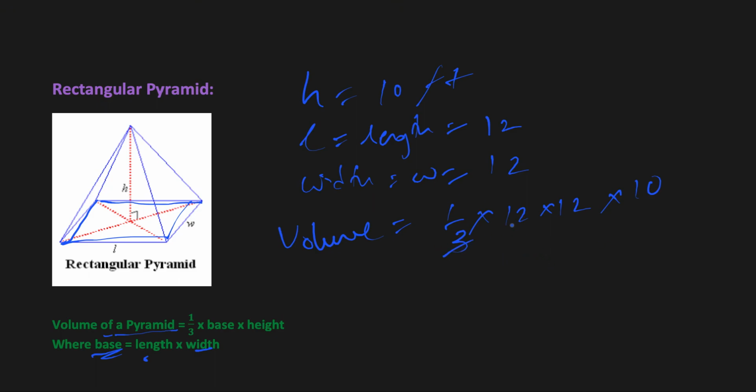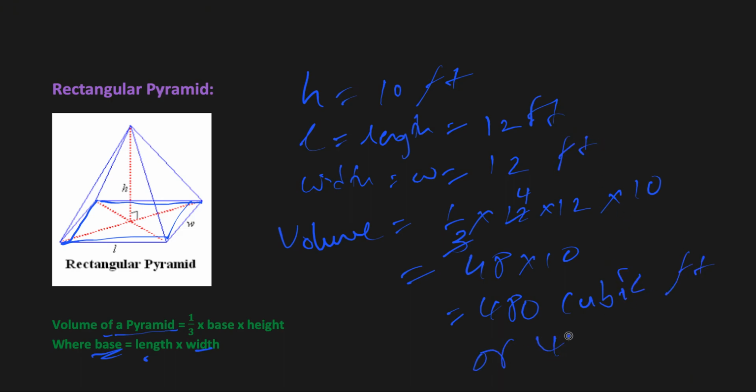We can divide 12 by 3, so it's 4, so this would be 48 times 10, which would be 480, and this is all feet, so this is 480 cubic feet. So this is how we calculate volume of a rectangular pyramid.